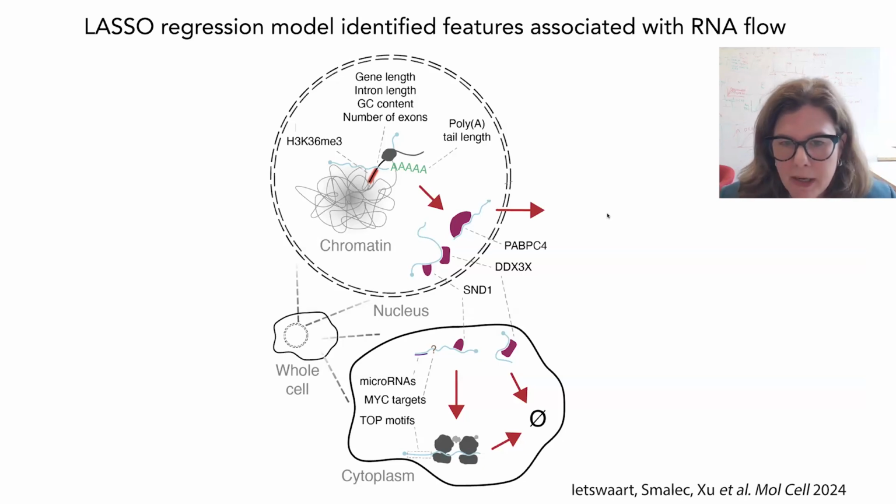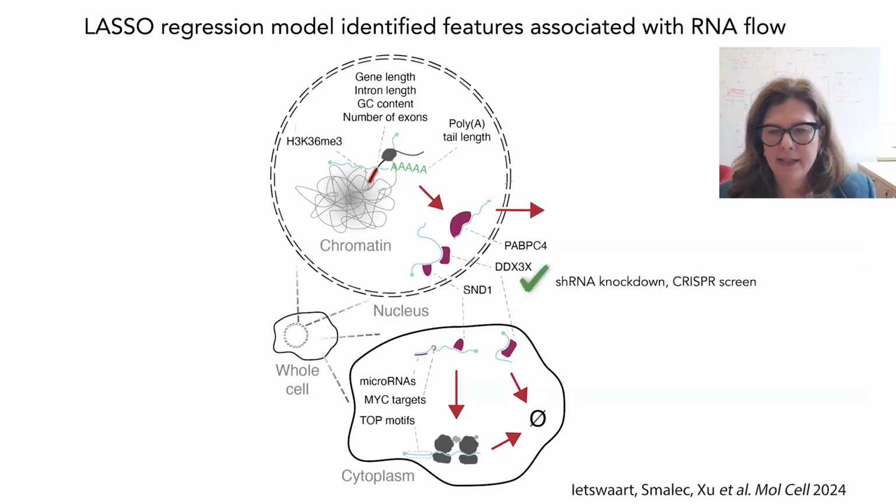And so we followed up on a few of these. We found that DDX3X was indeed controlling the export of its targets. And we were able to verify this independently through knocking down DDX3X and through a CRISPR screen that looked for factors that rescue a DDX3X knockout. And we found many, many factors involved in export.